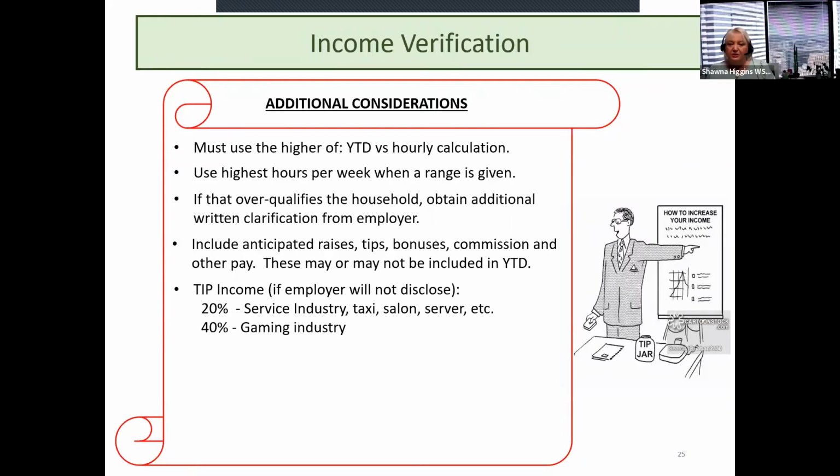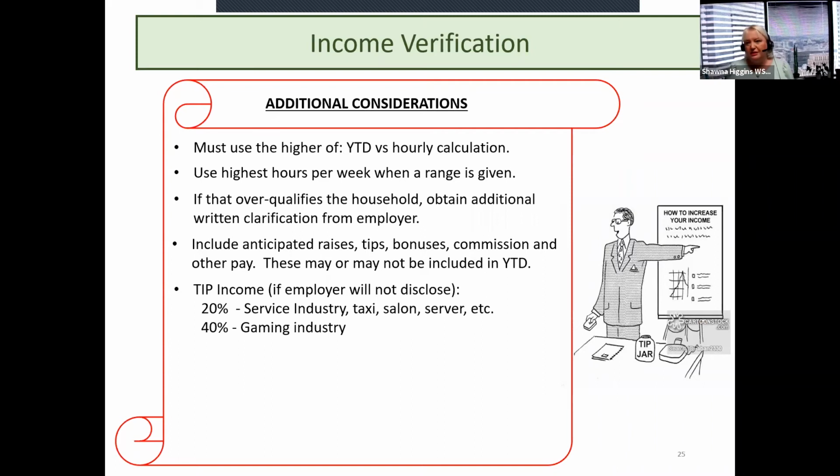And if there is no tip income and the employer does not want to disclose it, we came up with 20% of the annual income. We want you to add on 20% for gratuities. So that's for the service industry: taxis, salons, servers.